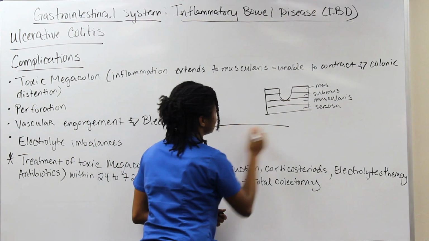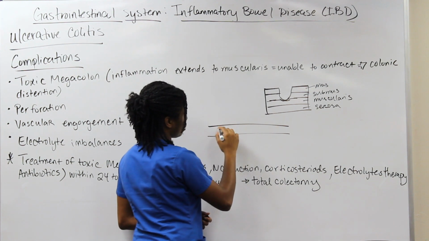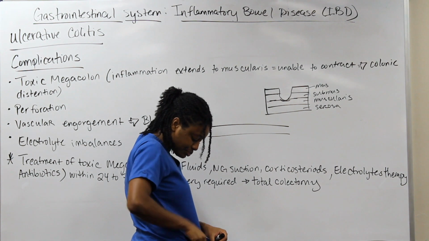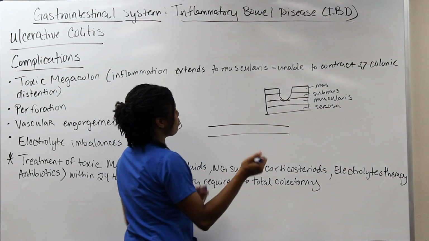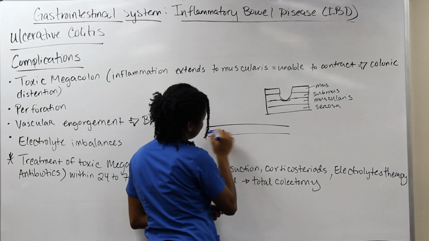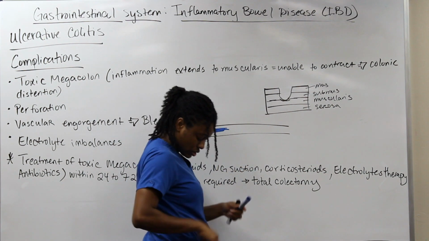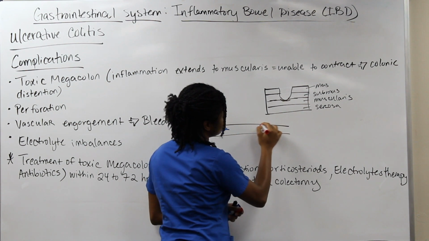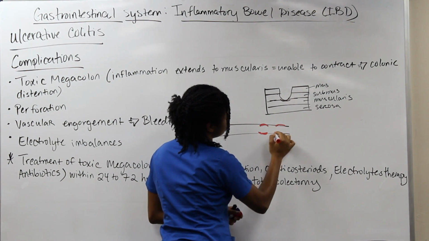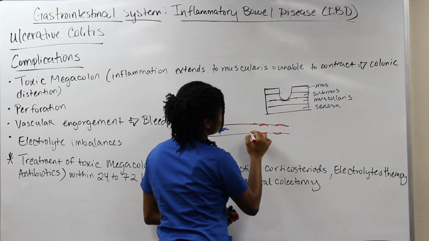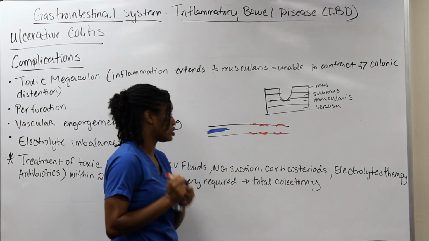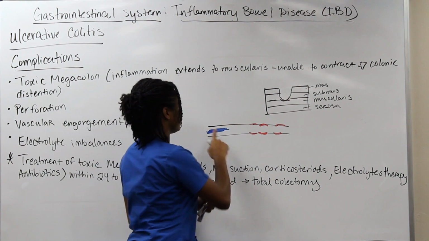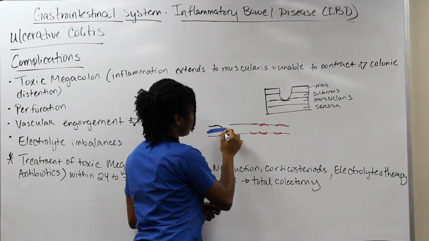So I have my intestines here that I'm drawing, right? This is my large intestine, and I'm going to color code it so that you can see what is going on. I have my stool that is being passed through here, and then I'm going to put in red my ulcers. Those are my ulcers. So this muscle is going to squeeze.